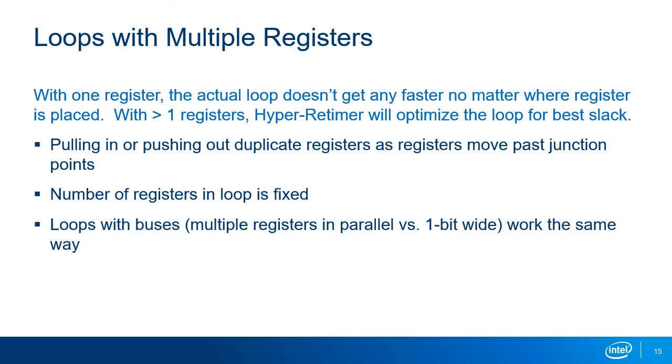As it does so, and the registers pass loop input or output junction points, duplicate registers will again be pulled into or pushed out of the loop path. But again, the total number of registers in the loop is still fixed. This works the same for a single bit loop path or a multi-bit or bus loop path.